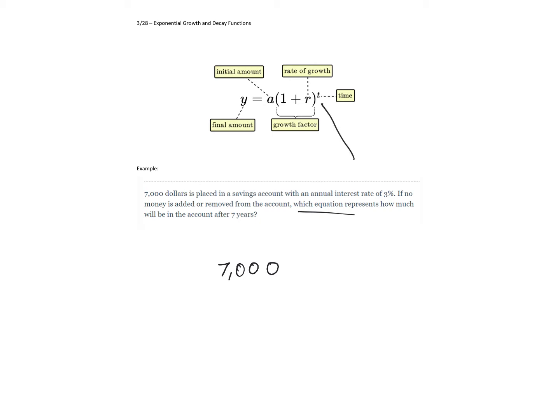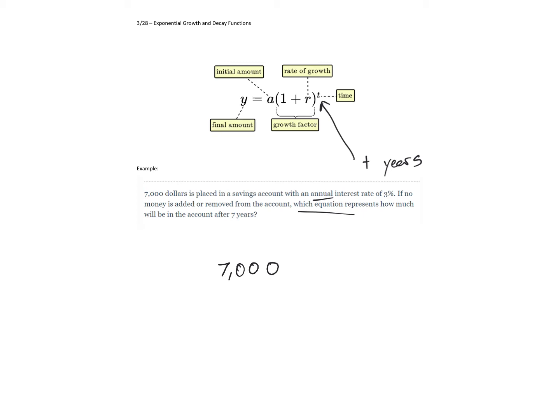If we refer to the format of the equation, looks like T is going to be up there, so we'll use that to help us. Well, 7,000 is placed in a savings account, annual interest rate of 3%. So what that means is, interest rate means every year, however much you have in the account, you're going to add 3%.